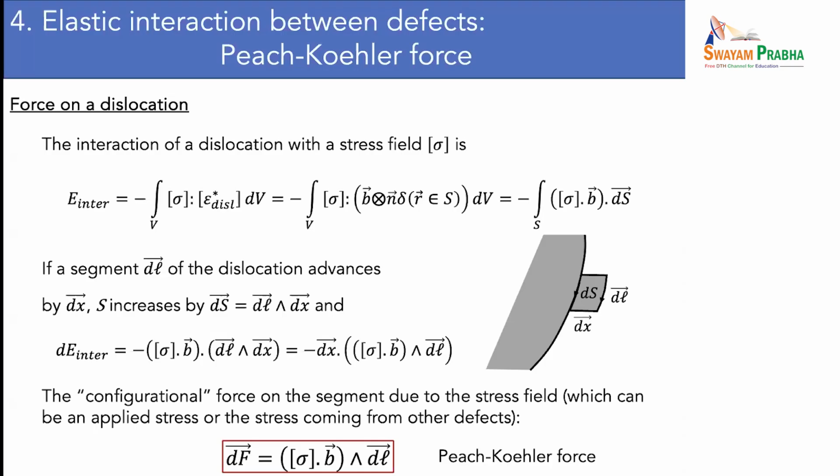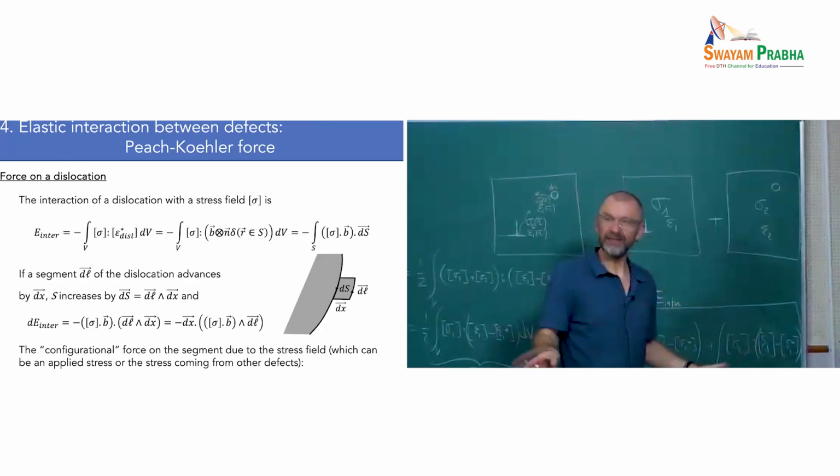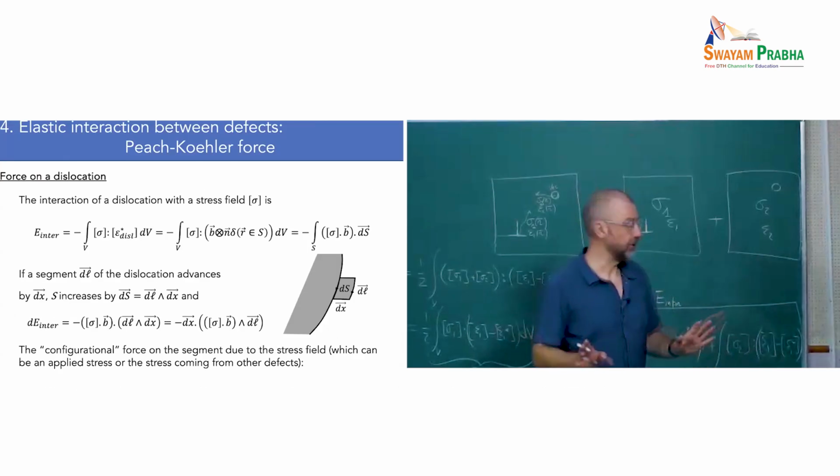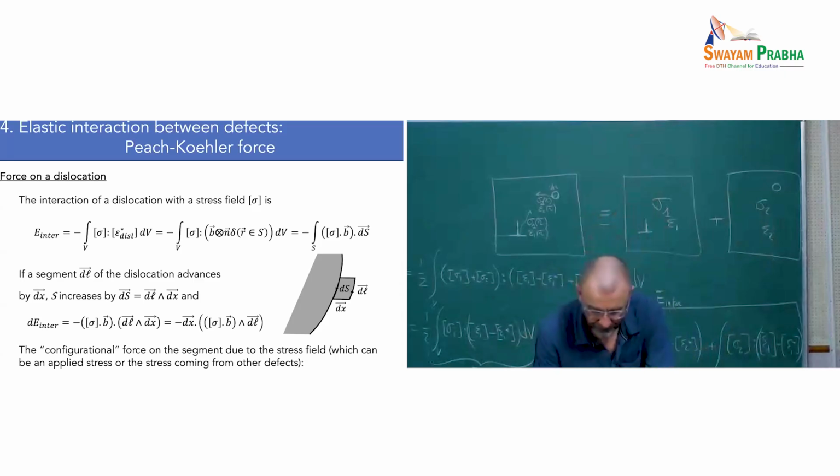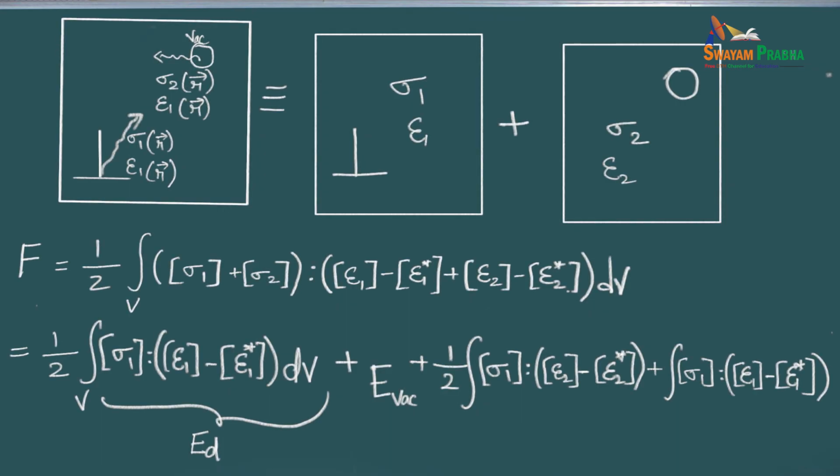You can look at it for yourself, but you start from the expression we have just discussed, and in a few lines of calculation, you get the Peach-Koehler force. Because as we said, eigenstrain theory allows you to reconstruct completely the entire dislocation theory. In one line, I can show you that the two terms are the same. Why?